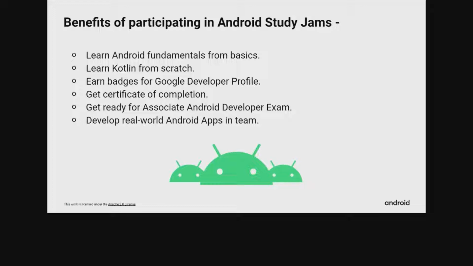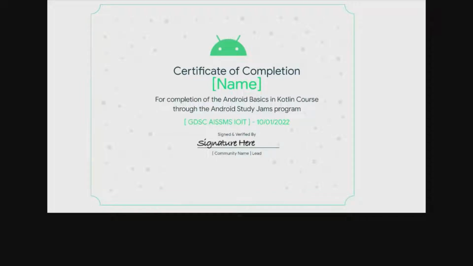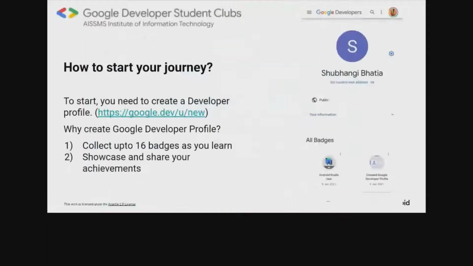So if you're looking to start your career as an Android developer, it looks good on your resume. And now this is the certification that you will be getting. So you'll get a certificate of completion if you are able to complete all the units from the course.